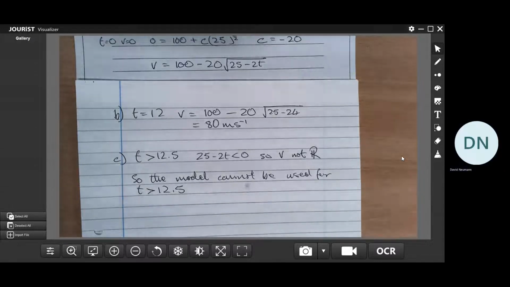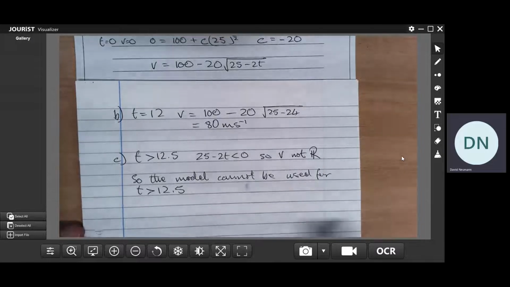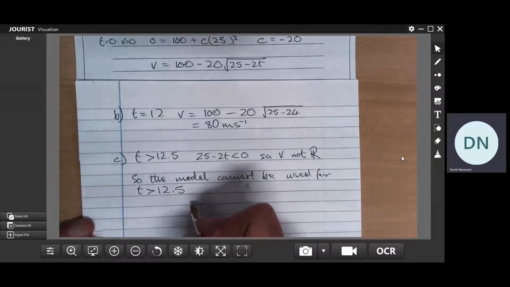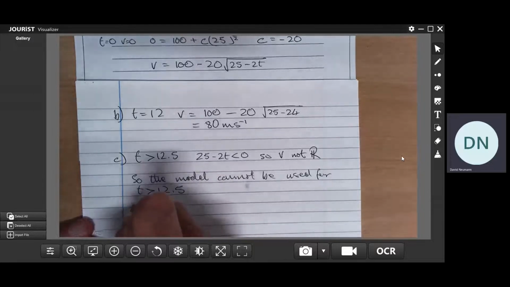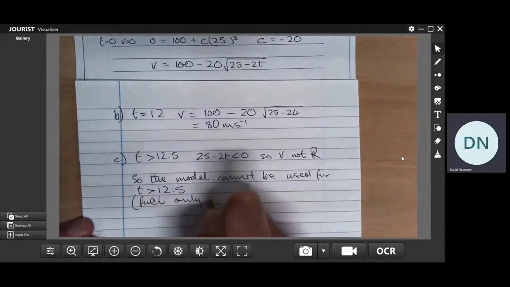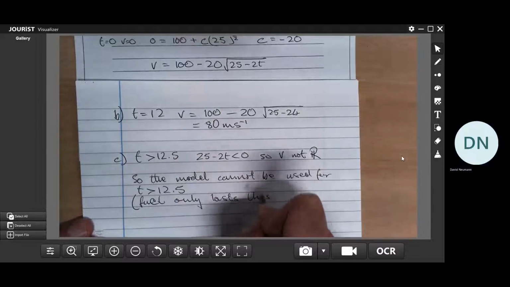I don't know how much of that 25 kilograms is itself fuel, but it suggests that the fuel is not lasting beyond t is 12.5. Fuel only lasts this long.